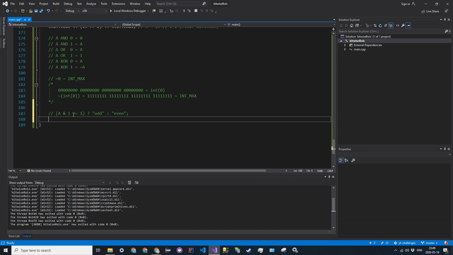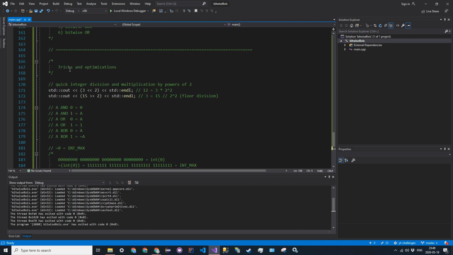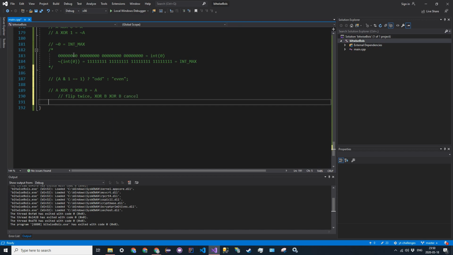All right. Next is, we talked a little bit about the cycling of exclusive ORs. So if you do A XOR B, XOR B, XOR B? What? Isn't that a toy? The two XOR Bs cancel and you get A. So flip twice, XOR B, cancel. Now another cool thing about this is that XOR is commutative.